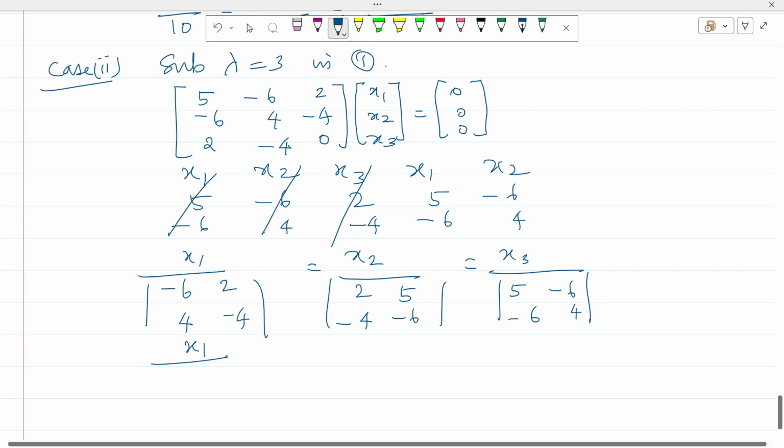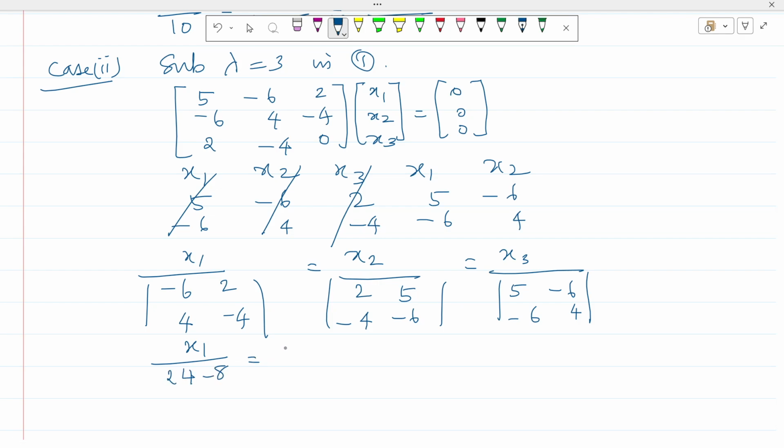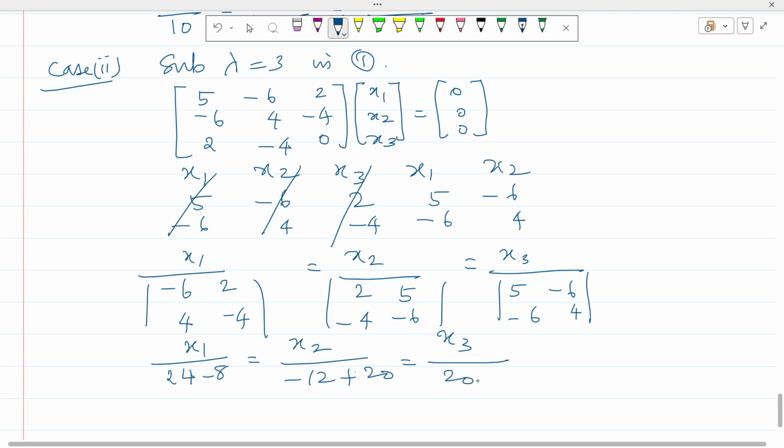Therefore x1 by 24 minus 8, x2 by minus 12 plus 20, x3 by 20 minus 36.